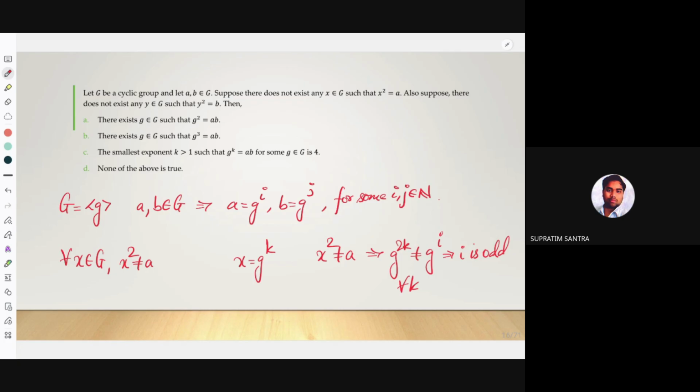Right? Otherwise, if you are not able to wrap your head around this thing, let's look at the other way around. Suppose i is even, which implies i can be written as 2 times, let's say, some i prime. This implies a can be written as g power 2i prime, which is basically g power i prime, the whole square. So a can be written as square of an element.